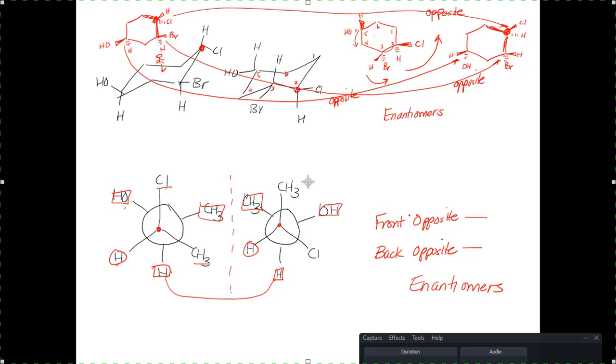But ultimately the goal is to compare each chiral center, is it same or opposite, and then once you determine that pair, are those both same, are they both opposite, or is one opposite and one the same? So that's how we determine our stereochemical relationships.